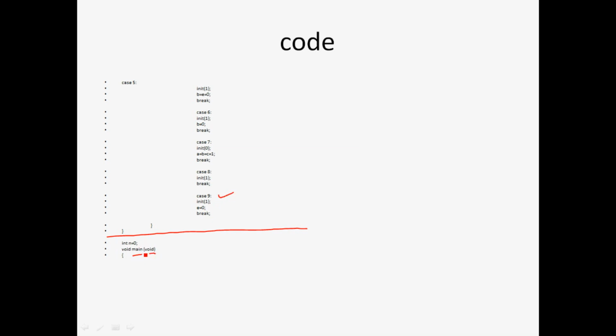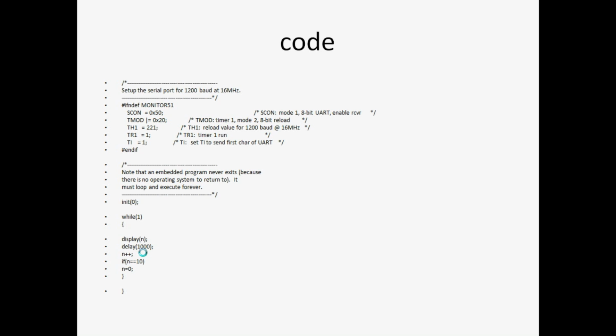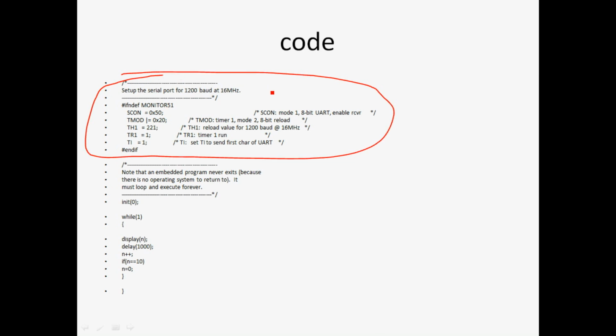After that, in void main, before this we have taken an integer n and initialized it to 0. This is again code which by default will come with your integrated development environment, so you need not do this explicitly.